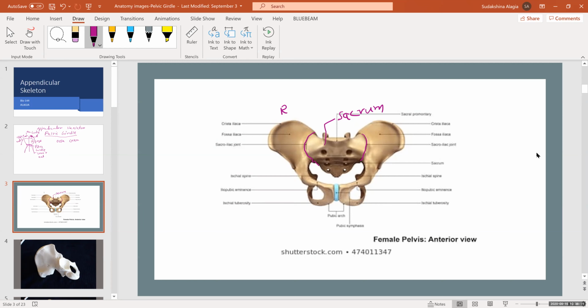So this is the right component, that's the left, not your left, the skeleton's right, the skeleton's left. These right and left components together, what makes the pelvic girdle, are referred to as ossa coxa. If you are referring to only one, either the right or the left, you can call that os coxae.